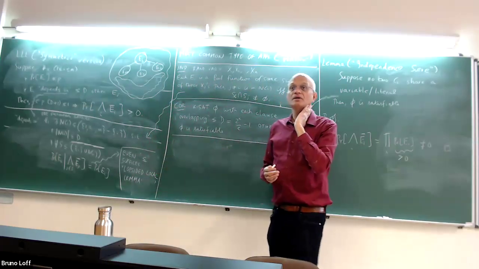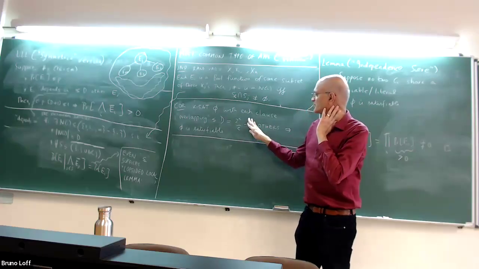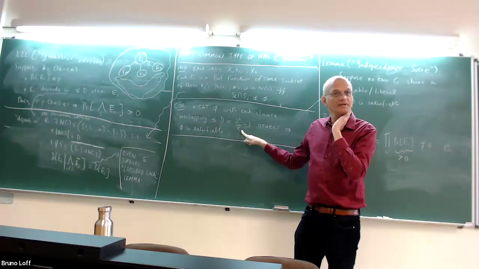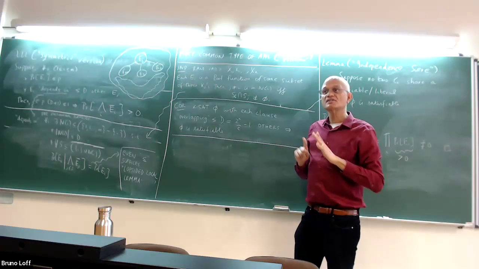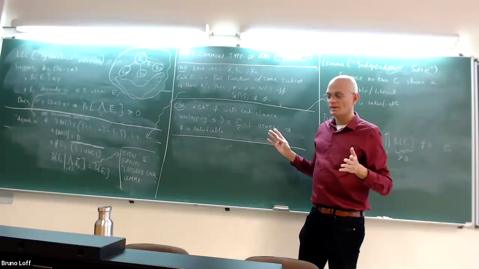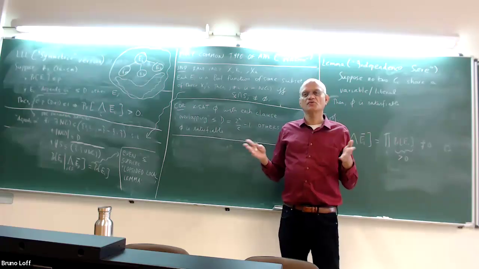By the way, you can ask if this is the best. Now, forget the minus 1. You can ask, is this the best possible constant, 1 over e? Notice that I could have done a little bit better. For example, suppose the clauses intersect heavily.